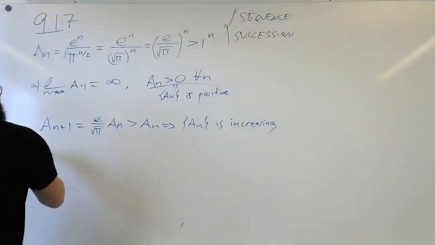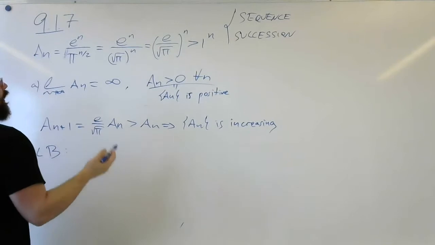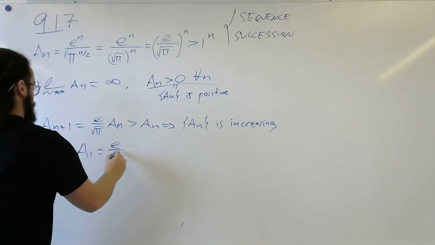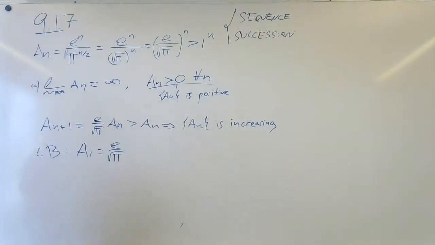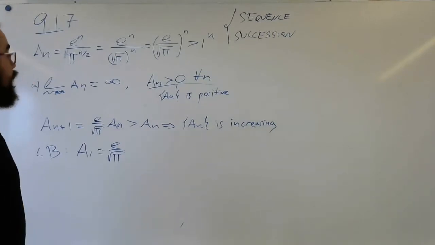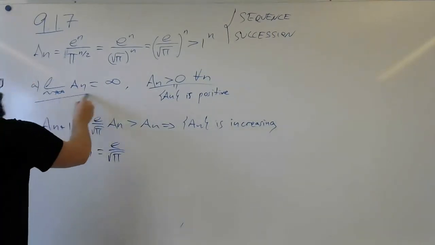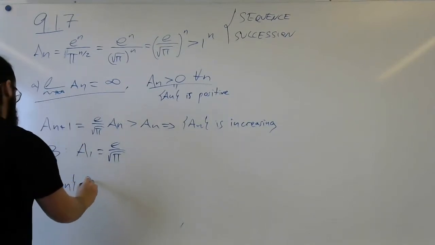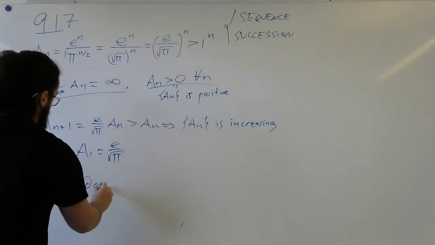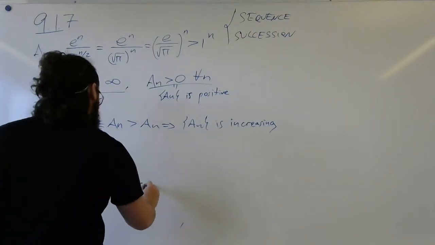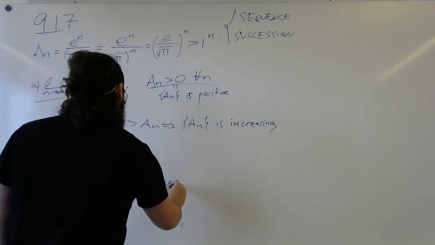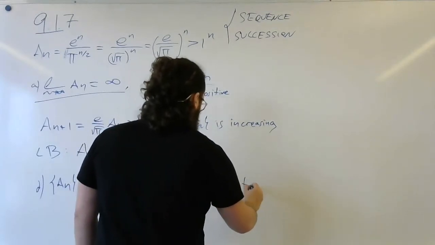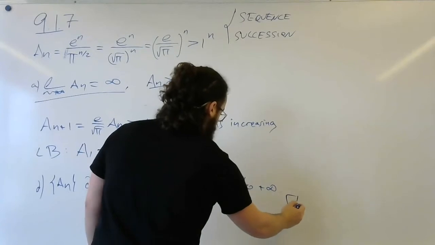So the lower bound would be the first term, which is e over square root of pi. And finally, is the succession convergent? No, sir. And this will be it.